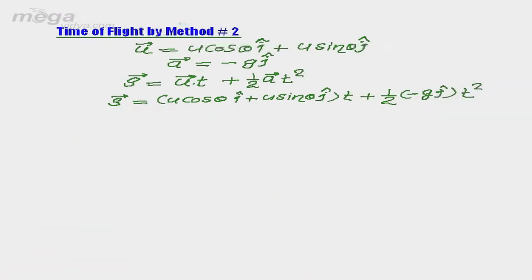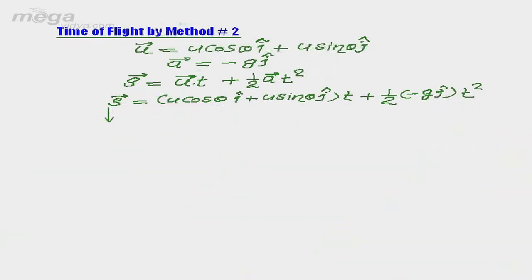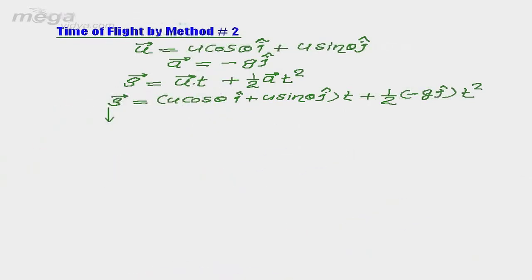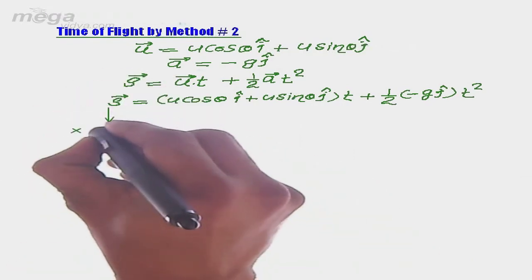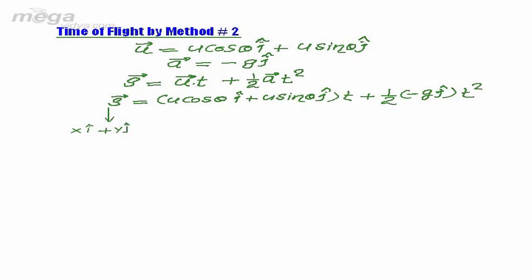Here this displacement s is obtained in i cap and j cap form. So obviously this displacement will consist of an x displacement and a y displacement. So I am taking this as x i cap plus y j cap.